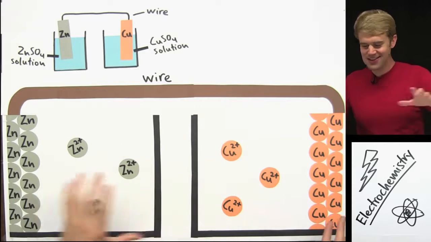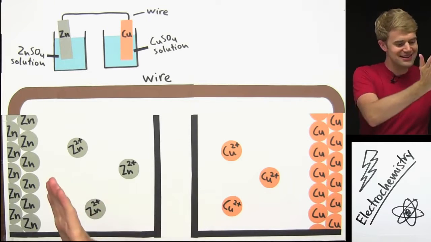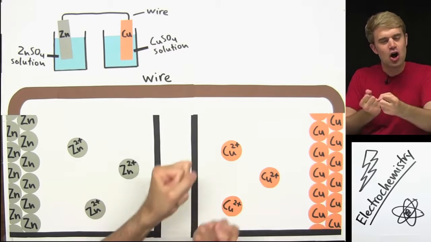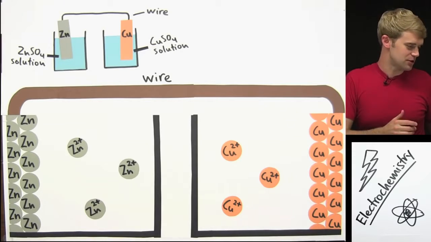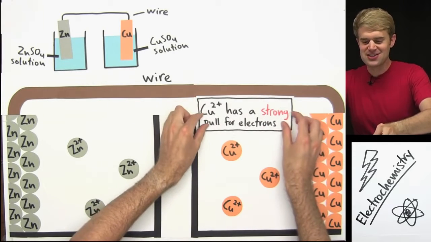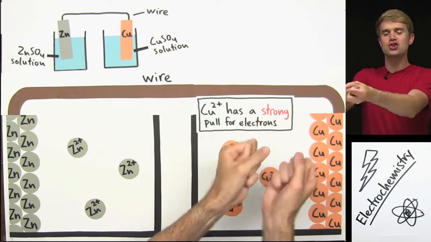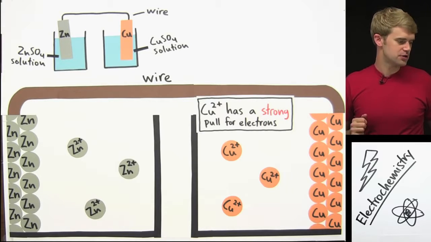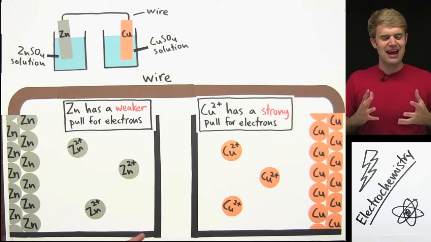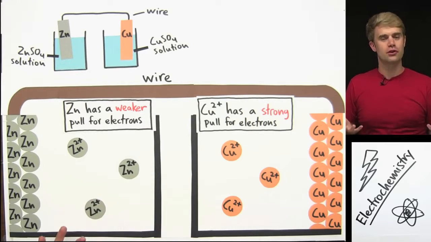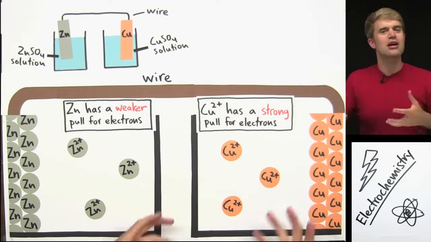When we connect these two pieces of metal with a wire, it kind of starts a tug of war between the zinc and the copper. They're having a tug of war for the electrons. One of them wins and one of them loses. It turns out that Cu2+ has a really strong pull for the electrons. But on the other hand, zinc has a weaker pull for electrons. So in this tug of war, Cu2+ ends up winning.